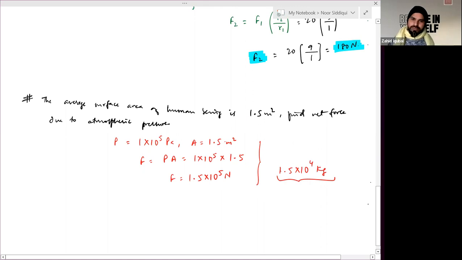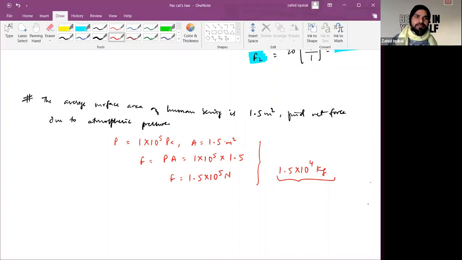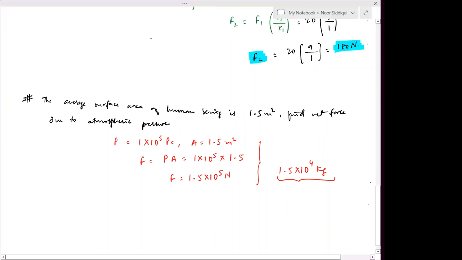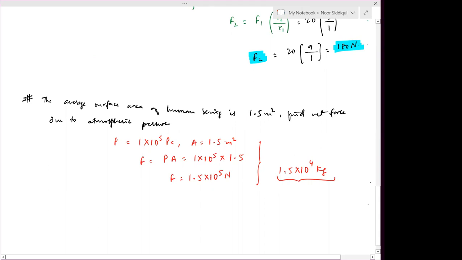Will it be possible to carry this much amount of mass on our body? No, sir. You can hardly carry a mass of about 100 kg, and this is about 15,000 kg. Is it clear? Sir, but I didn't understand how this is similar to 1.5 into 10 raised to 4 kg.